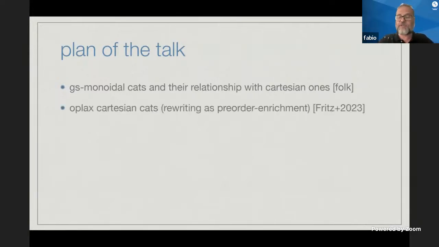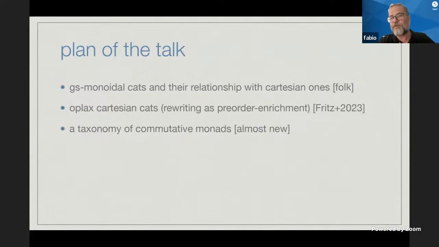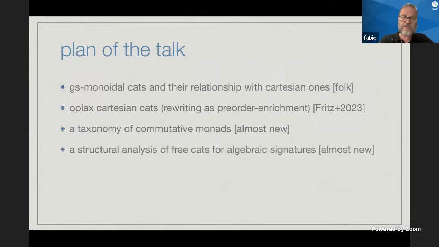Then I will introduce some specific new classes, which are Oplax Cartesian categories, that is to say monoidal categories with a pre-order on the homsets, and I'll show why that one can be of interest. I think it is almost new, in the sense that these results are more or less scattered in the literature, and I'll try to give a uniform view of those.